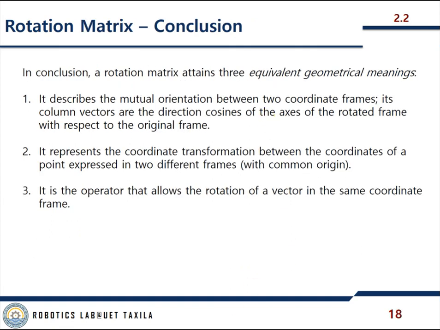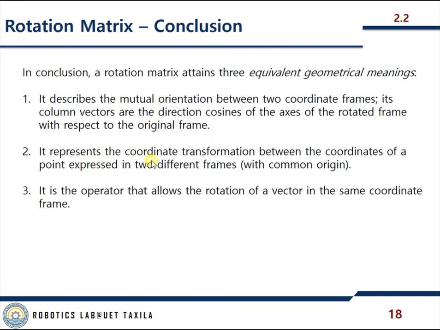So here is a conclusion about the rotation matrix. In conclusion, a rotation matrix attains three equivalent geometrical meanings. Number one, it describes the mutual orientation between two coordinate frames. Its column vectors are the direction cosines of the axes of the rotated frame with respect to the original frame.